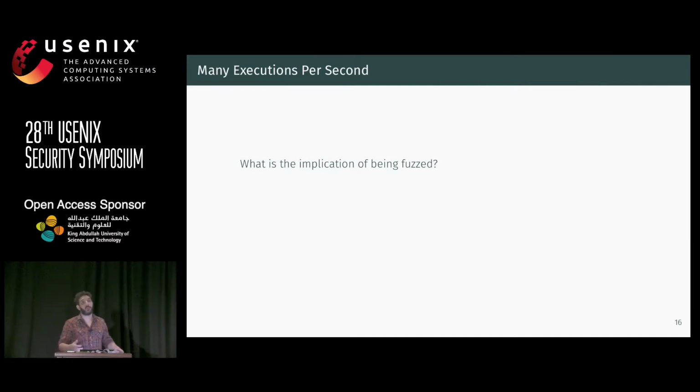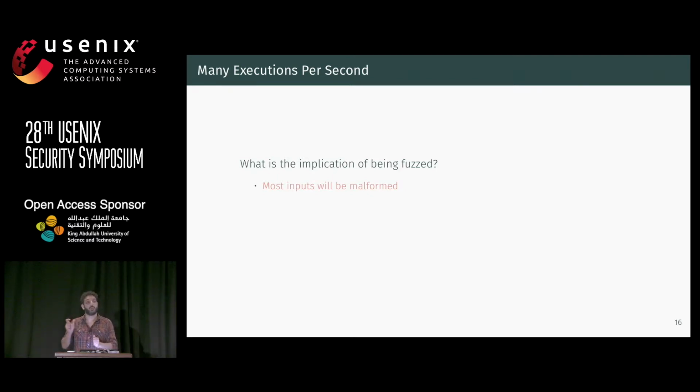Where is the difference between being fast and not being fast in the real world? What we observed is that most input, while being fast, will be malformed. If you start with an empty seed, of course, most of the inputs, depending on the application, will be malformed.